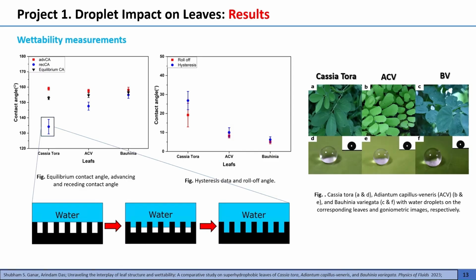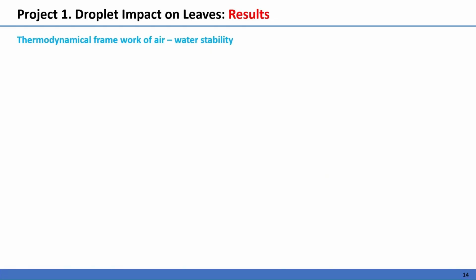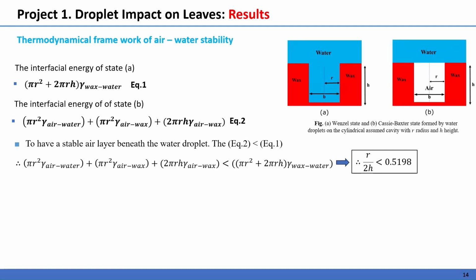The theoretical explanation for this phenomenon is given in the next slide with the help of thermodynamic stability. In the figure, you can see two states. In state A, water gets infused between two consecutive wax features, that is the Wenzel state.